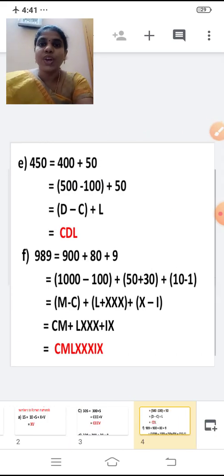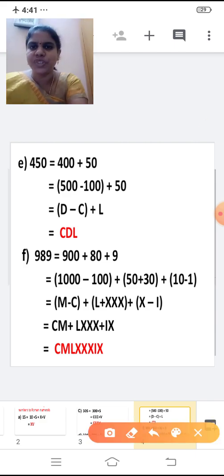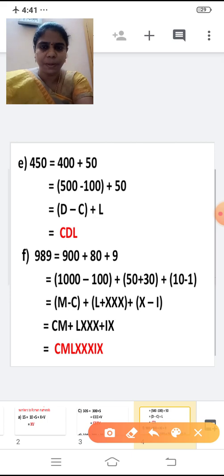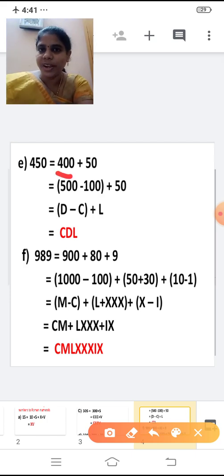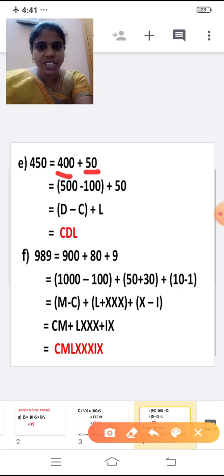So E sum, 450. How will you write 450? Shall we write in the expanded form? Yes. 400 plus 50 plus 0, right? So no need to write 0. So 400 plus 50. Write in the expanded form first.